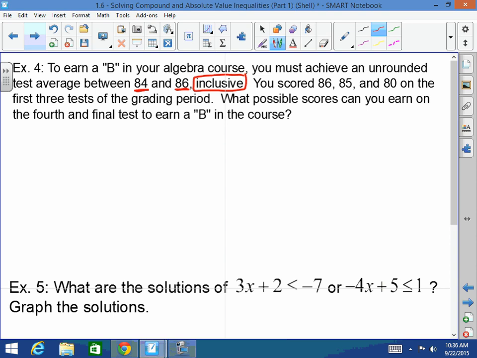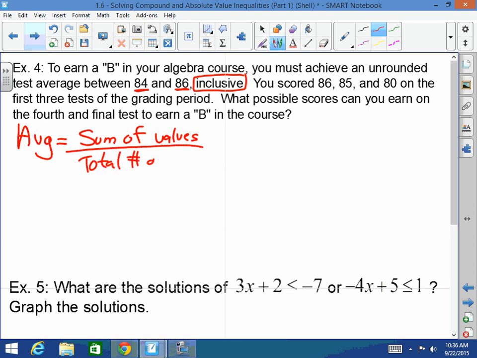Well, you're going to have to go back in time and remember the formula for average. Does anyone remember the formula for average? Very good. The average is the sum of values divided by the total number of values.